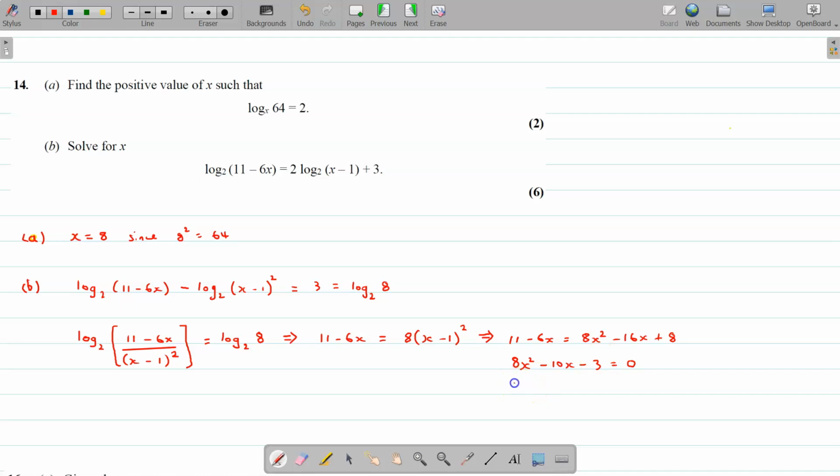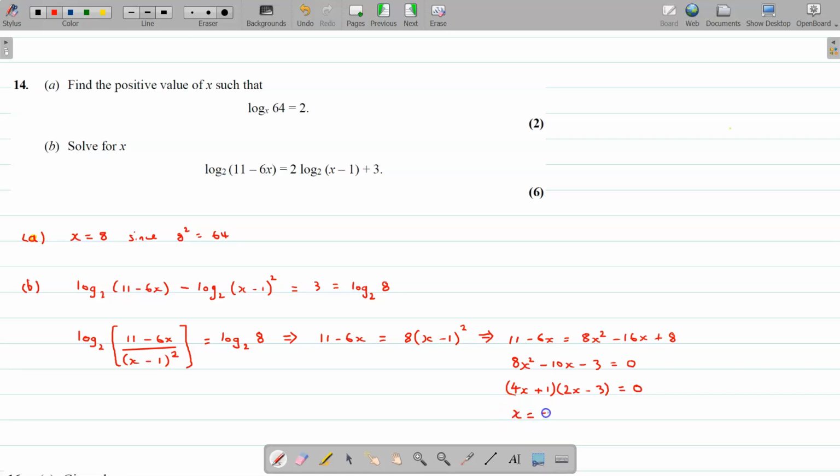And factorising that, always look for factorising opportunities, I get 4x plus 1 multiplied by 2x minus 3 equalling 0. And that gives rise to two solutions, or apparently two solutions.